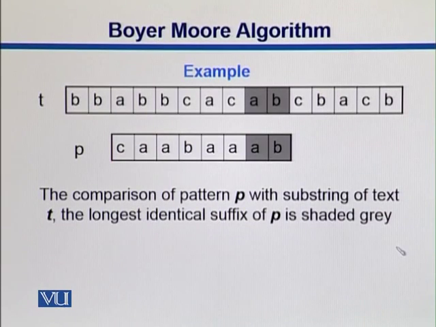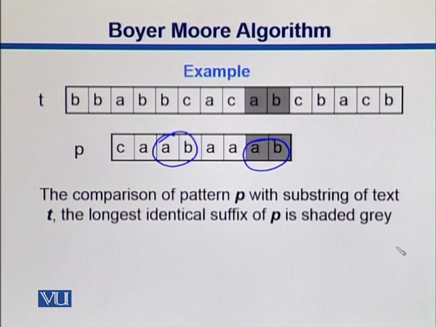We have a text T or string S, and we are comparing it with P, our pattern. Within the pattern, if we start from the right-hand side and move back, we observe that AB is there. That is the suffix we are taking, the last part of it. And this suffix exists within the pattern here also.